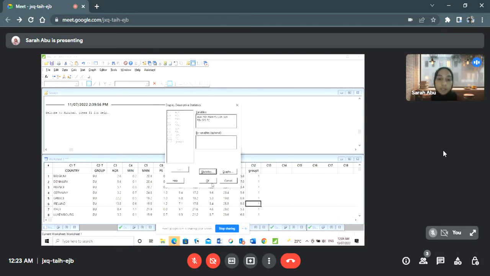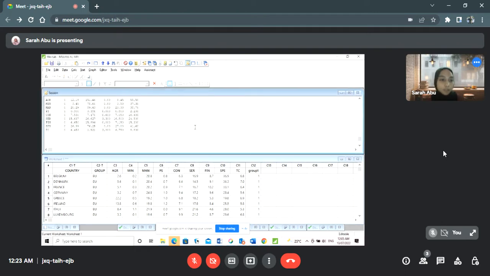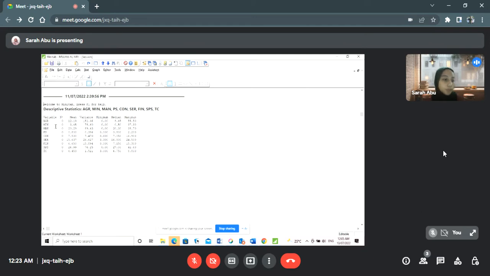Then we click OK and OK. Then we will get this output, where there is no missing variable, and then the mean, variance, minimum, median, and maximum.